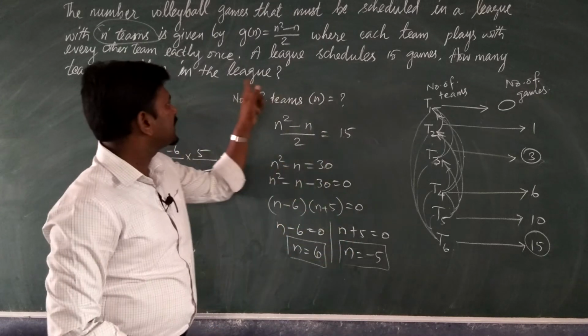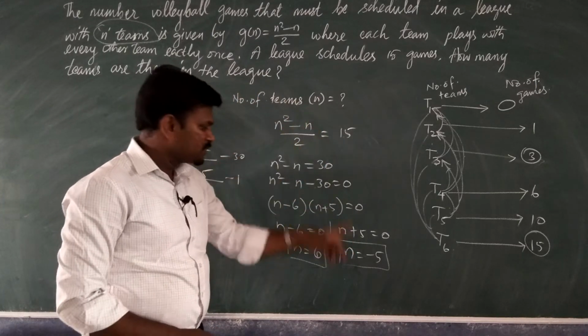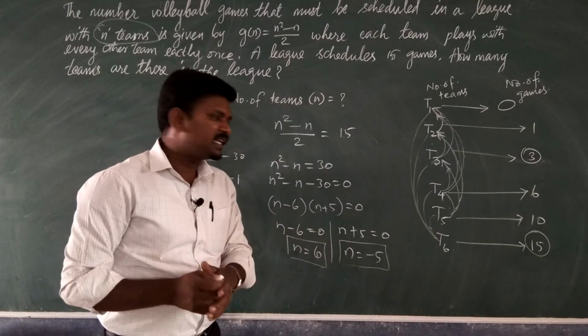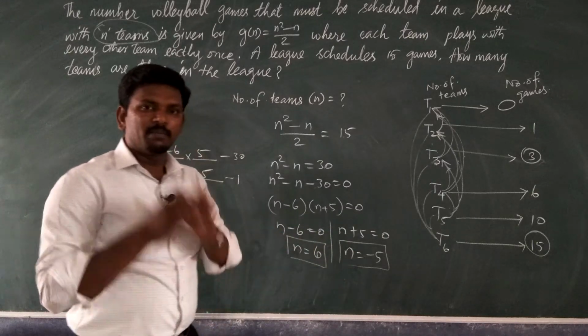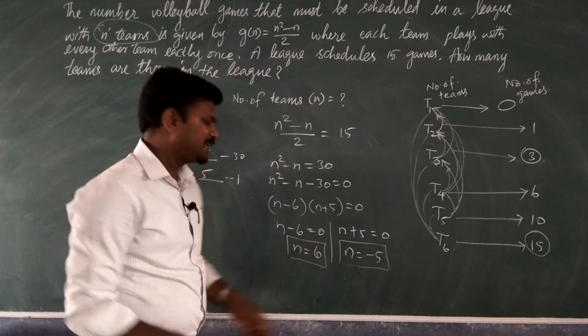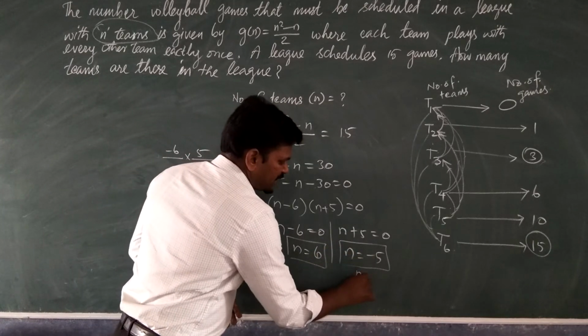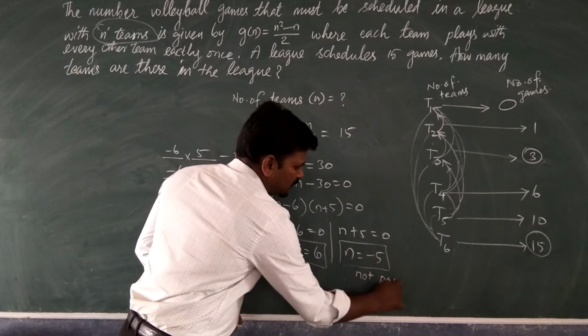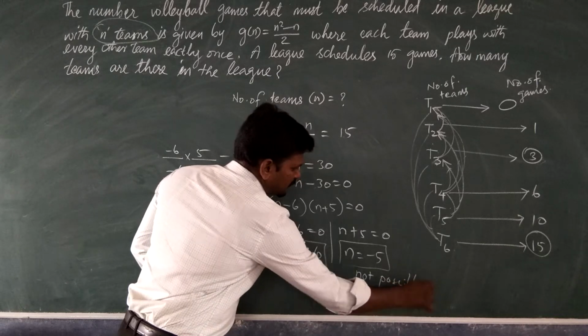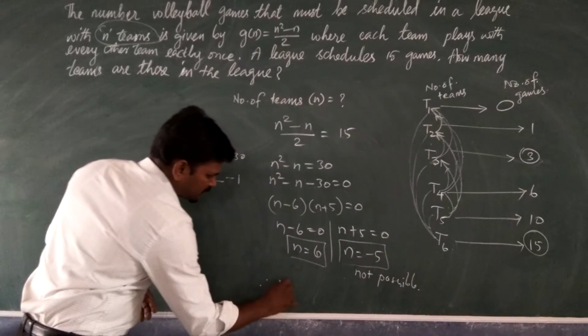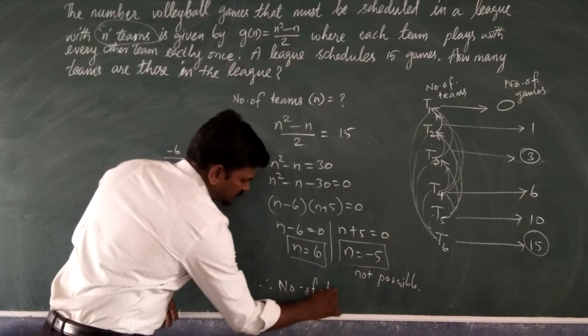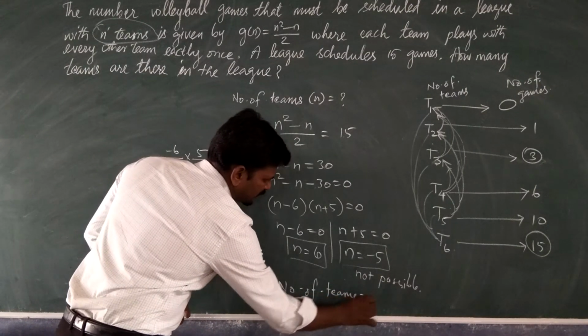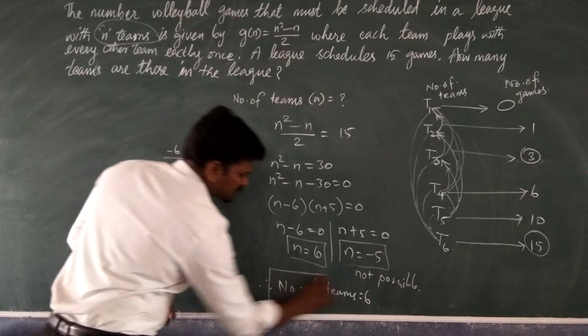Here we are finding the number of teams, so definitely it will be a positive number. It will not be a negative number. Negative is not possible. Therefore, the number of teams is equal to 6.